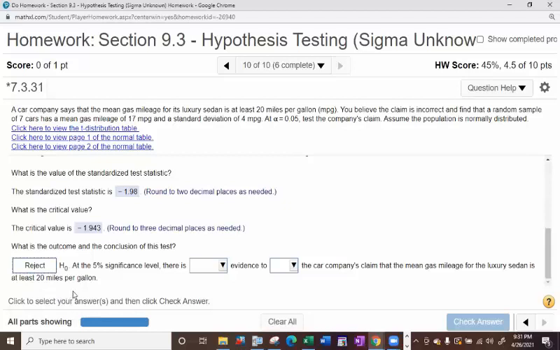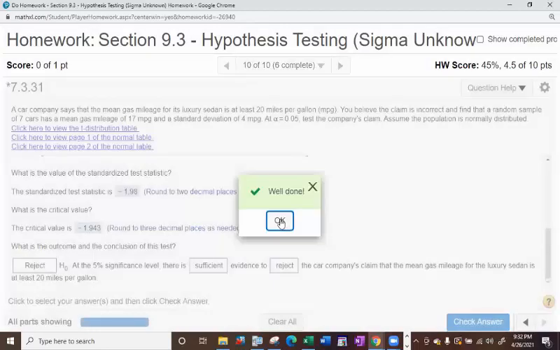And the claim was the H0. So we rejected it. Let me see. Yeah. So there is sufficient evidence to reject the car's claim of at least 20 miles per gallon. Well done.